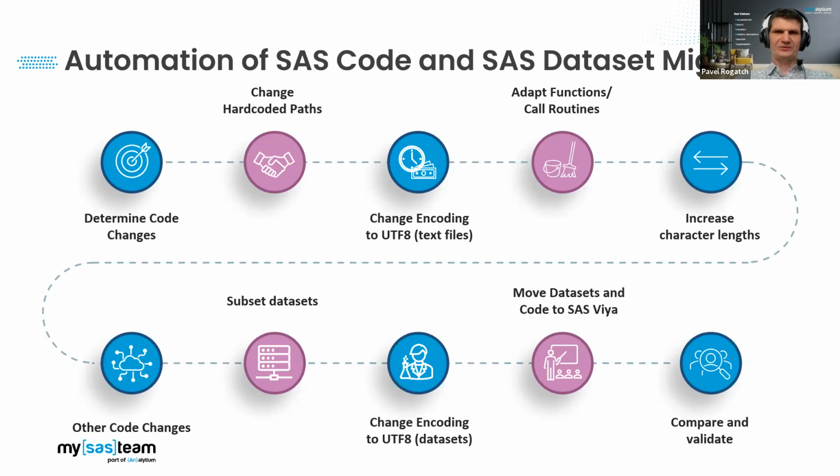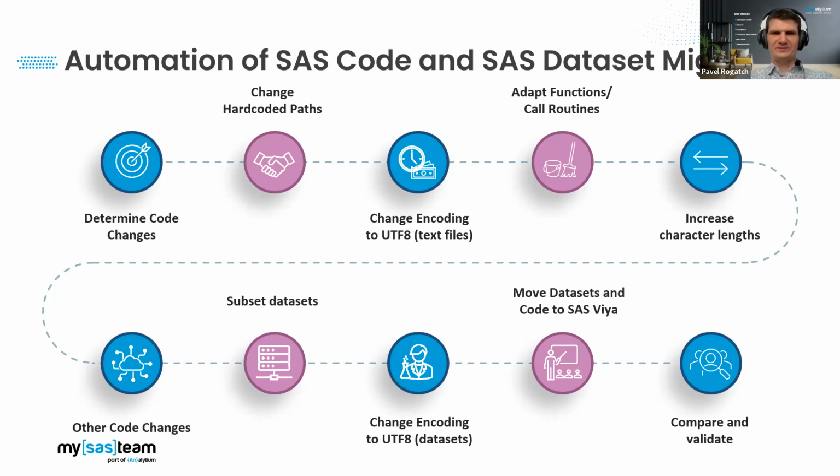Then we also had to subset datasets which needed to be migrated from SAS 9, change encoding of datasets as well to UTF-8, and move, of course, datasets and the code files to the SAS Viya platform. And then compare SAS datasets with their migrated versions and validate them. So let's talk about some of these stages in more details now.